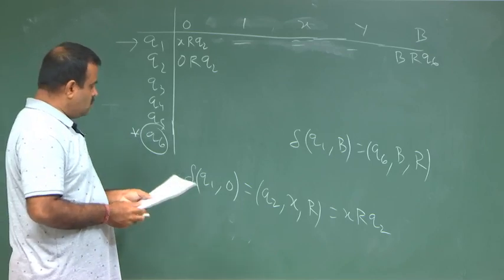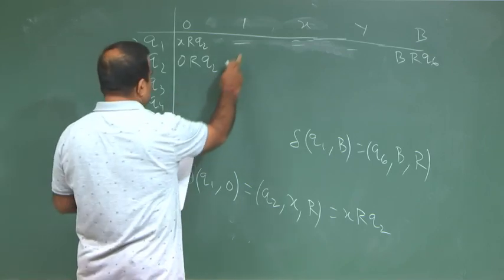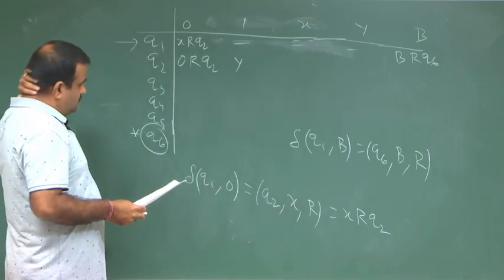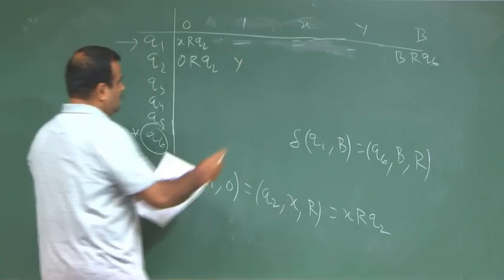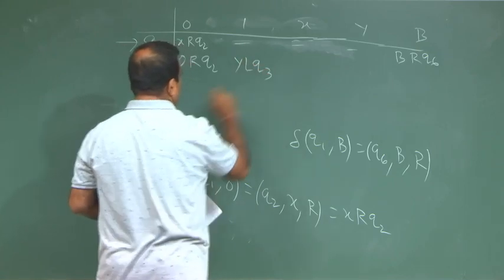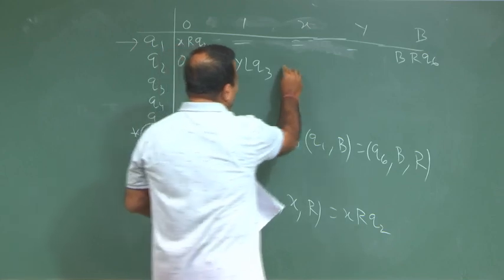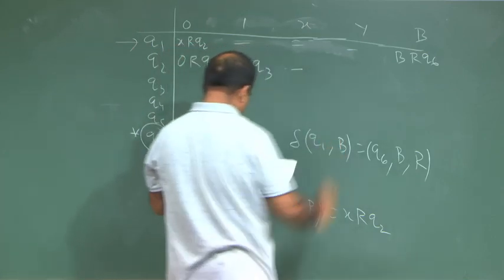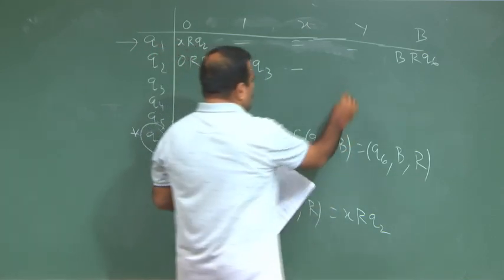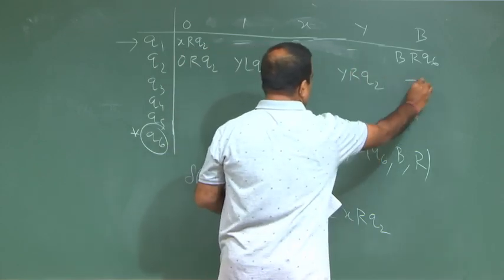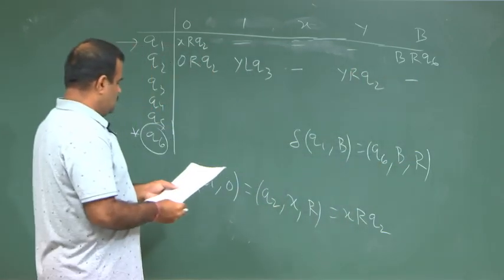Now, with q2, with 1 we are going to replace 1 by y, and we are moving left and reaching q3. And with y we have a move y r q2, and we have no move for this. Okay.